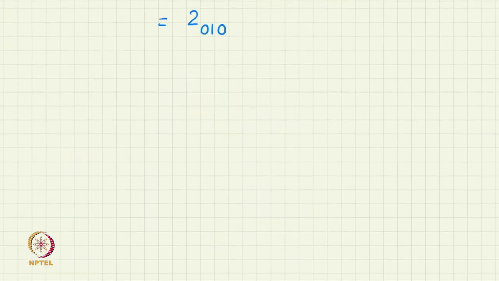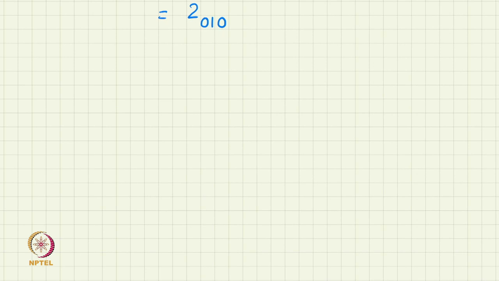Let us continue our discussion now, and let us construct the dihedral group 3 2, in the Schoenflies notation D3.